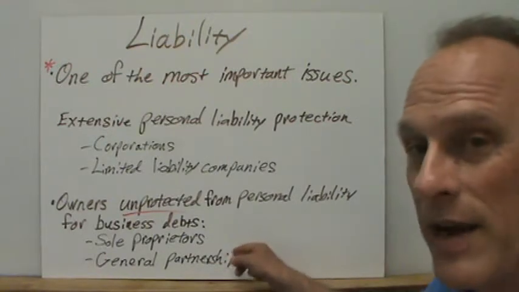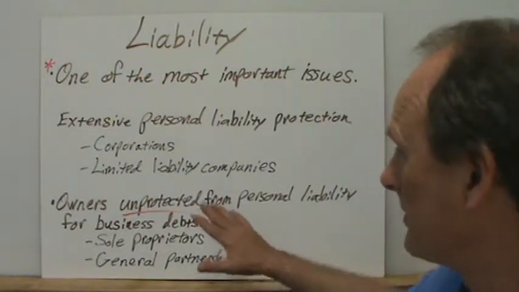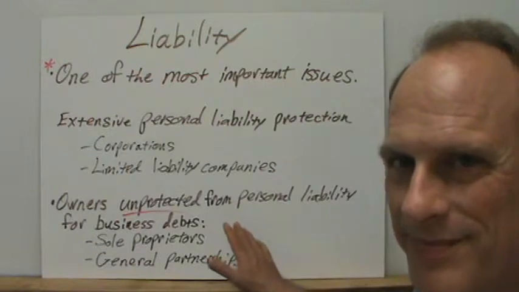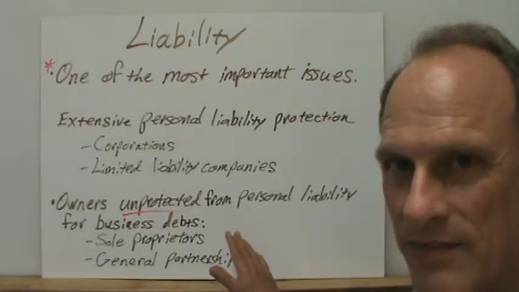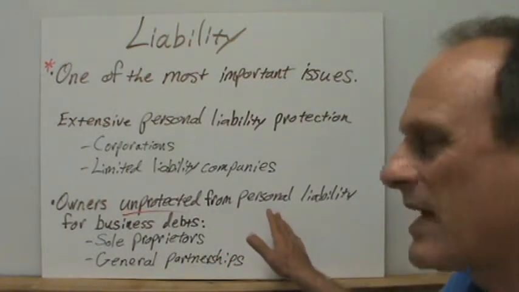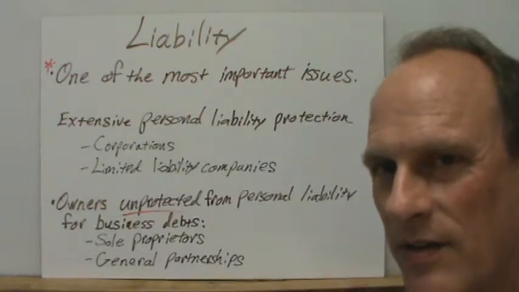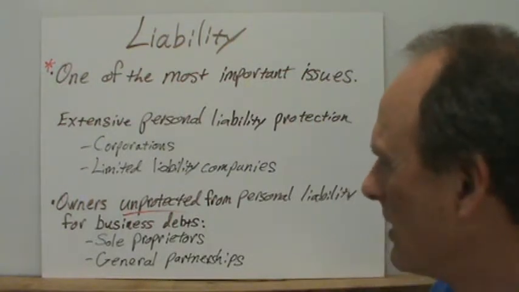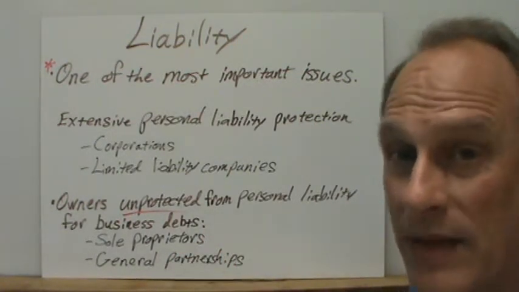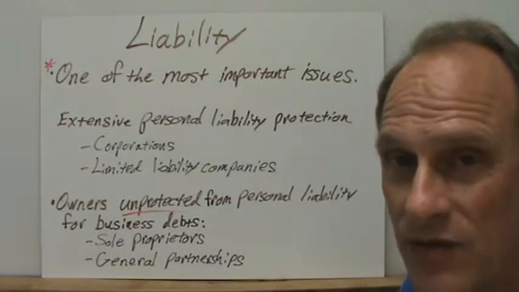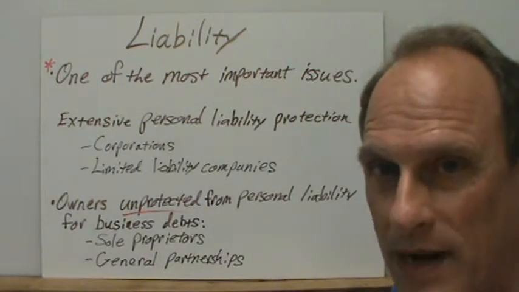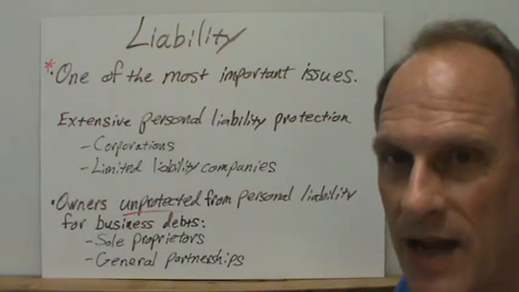Now, in other arrangements, the owners are totally unprotected from personal liability for the debts of the business. Sole proprietors, well, that just makes sense. The sole proprietor is the business, and the business is the sole proprietor. They're one and the same under the eyes of the law.